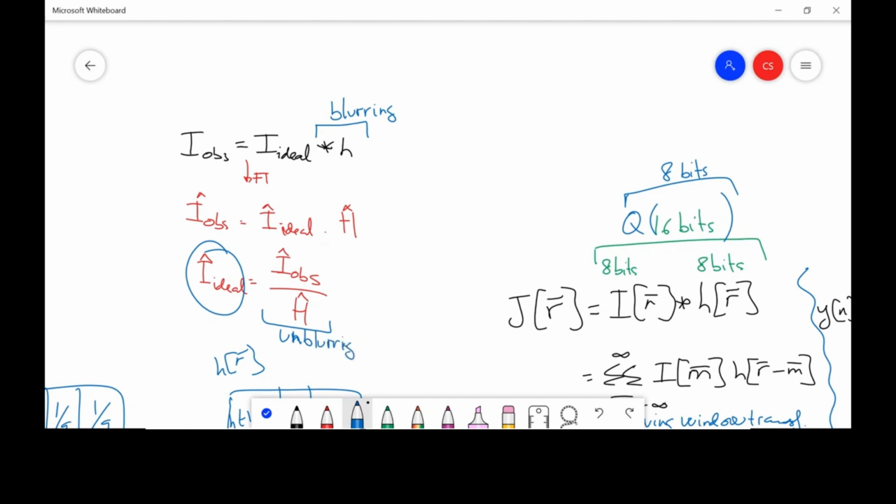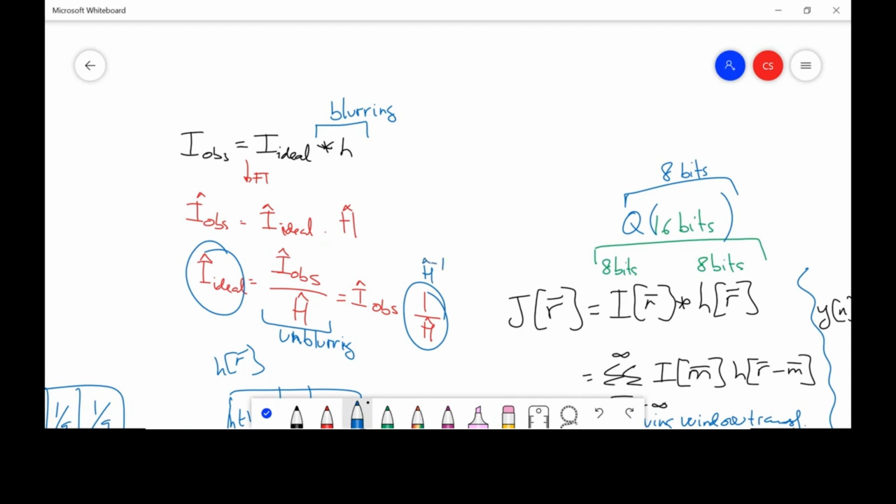Actually, if you do the inverse Fourier transform of this, I can express this as this one multiplied by 1 over H. So this is a new kernel, and I will call it h minus 1.